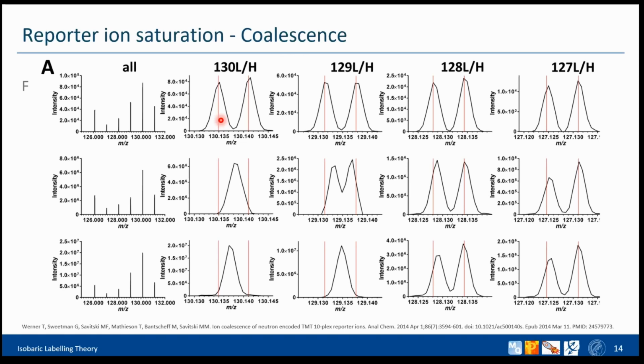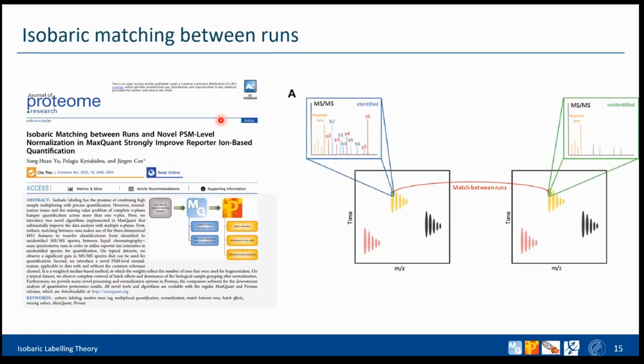But it can also be that you don't want to only compare what you actually mix together in the multiplexing, like these up to 18 samples, but you have several runs. So you want to compare runs of multiplexed measurements. And there are some things that have to be discussed if you want to do that.